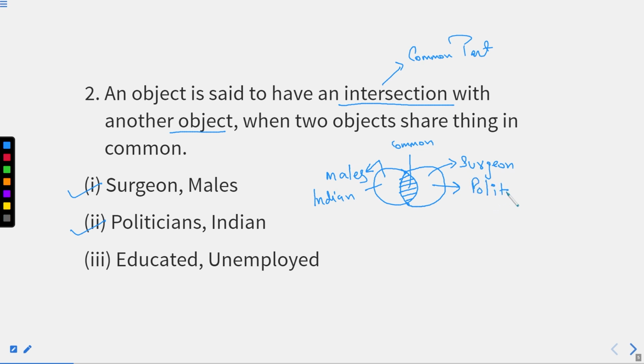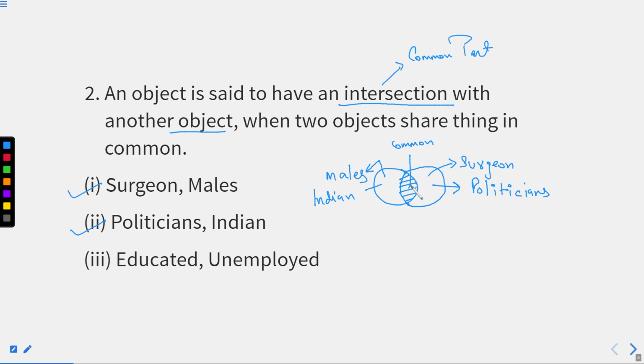Here I'm explaining different kinds of questions that appear in front of students. So don't you think politicians are not only present in India, they are outside India as well? In every country, they have their own politicians, those who are running the government of that particular country. So Indians who are politicians will be represented by this shaded region.